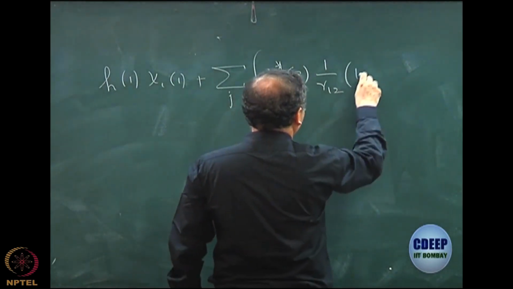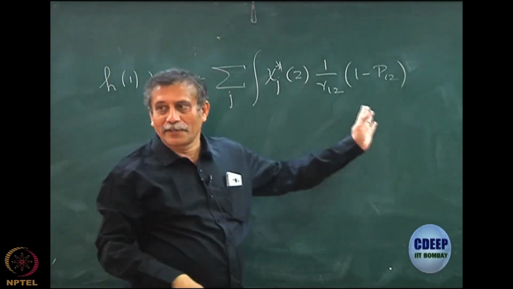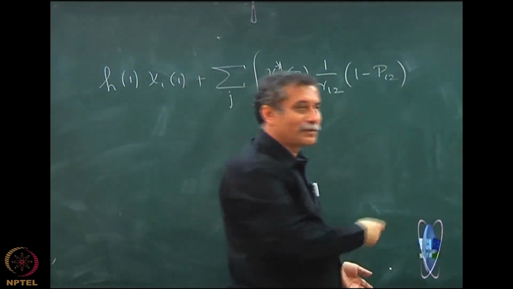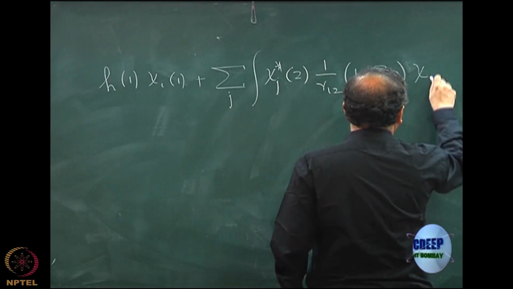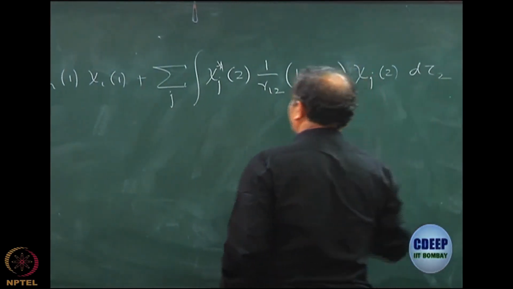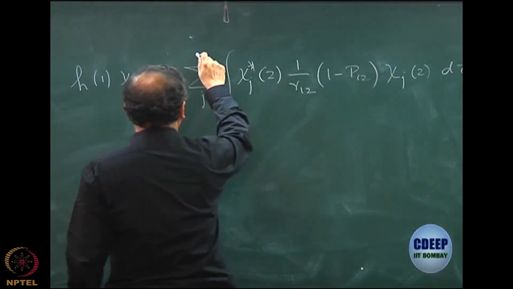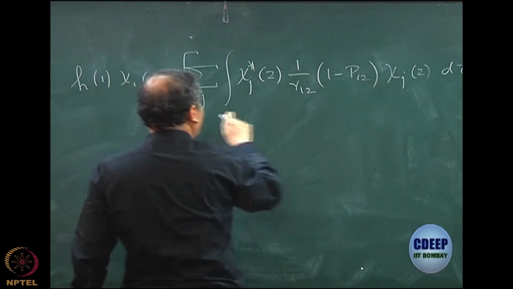If you want, we can put the exchange together, right? This is a very nice way of doing. Actually, just put 1 minus P12. Your problem is over as far as the equation is concerned. Into chi I1.